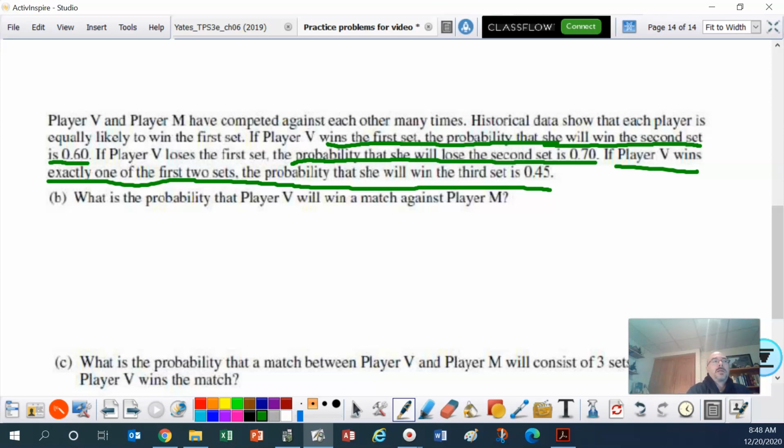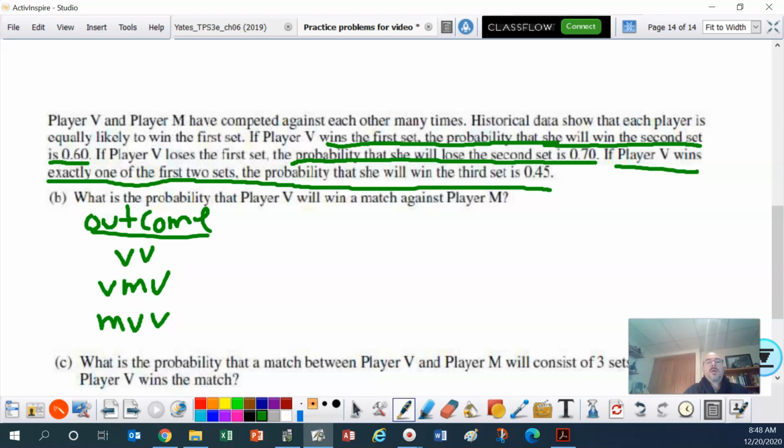Well, ladies and gentlemen, the outcomes for player V to win are VV, VMV, and MVV, right? Historically, data show that each player is equally likely to win the first set.